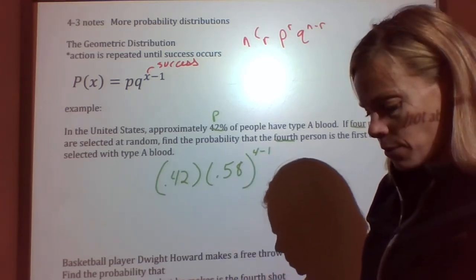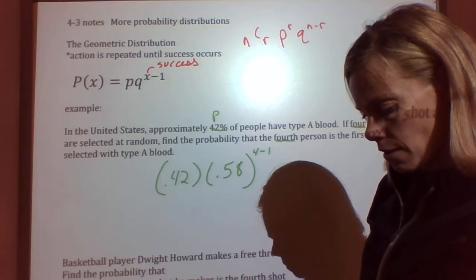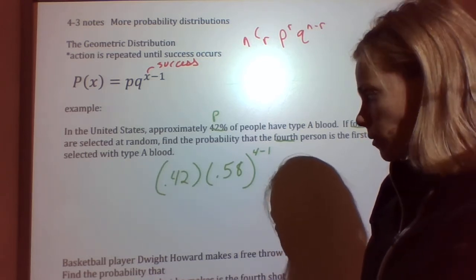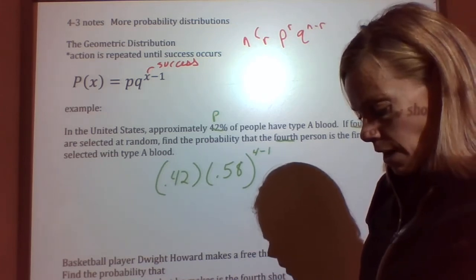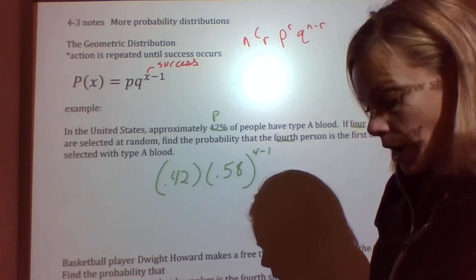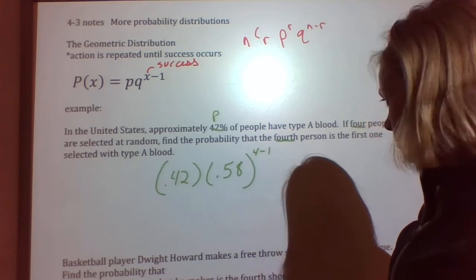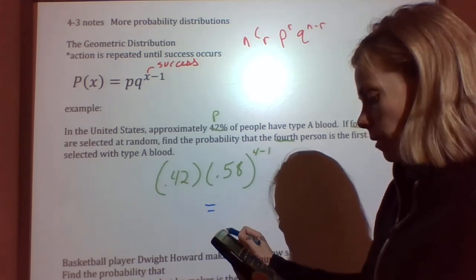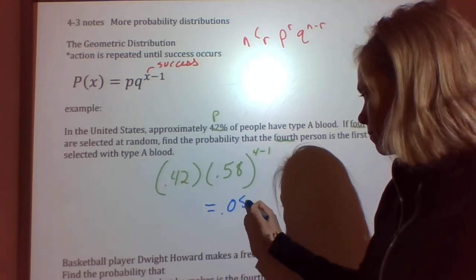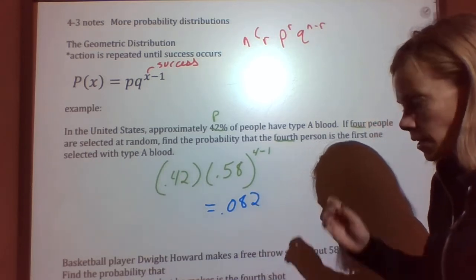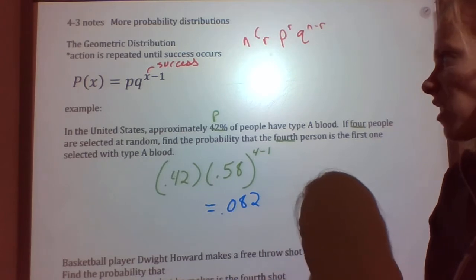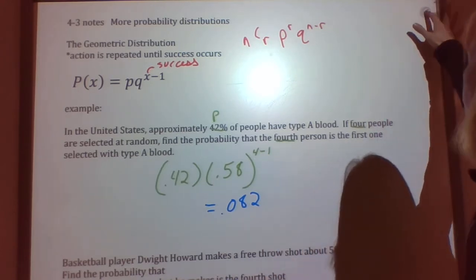So in my calculator, I would have parentheses 0.42 times parentheses 0.58 to the third power. And you should get 0.082. So be careful when you're putting this in the calculator. Let's try another one.